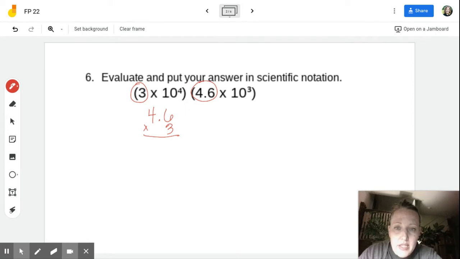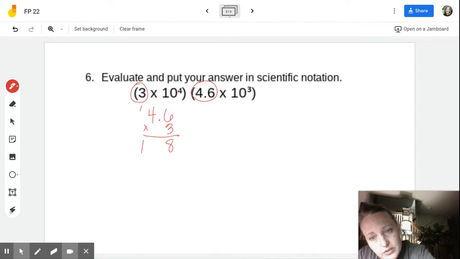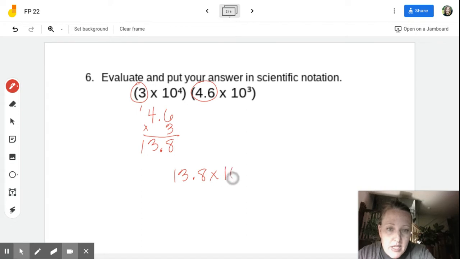So it's going to be 13.8 times 10 to the 4 plus 3. Remember, when our bases are the same and we're multiplying those monomials, we add the exponents.